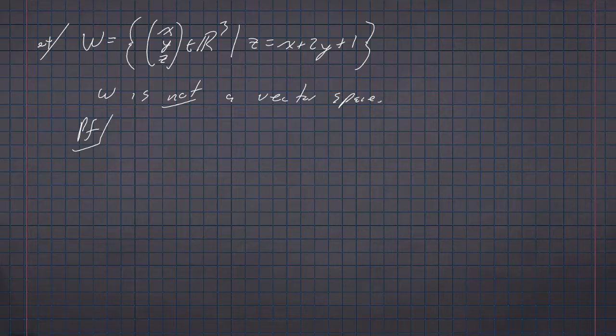Well, to show something is a subspace, you want to show that it is non-empty, that it's closed under vector addition, and that it's closed under scalar multiplication. To show that this is not a subspace, we want to show that at least one of those properties is not true.